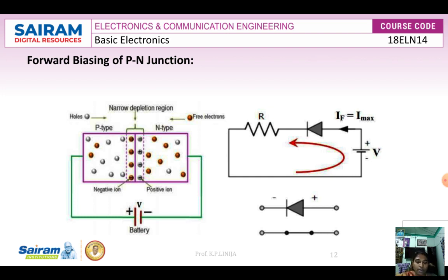Application of forward bias forces electrons to move from the N side to the P side due to the negative polarity of the supply.